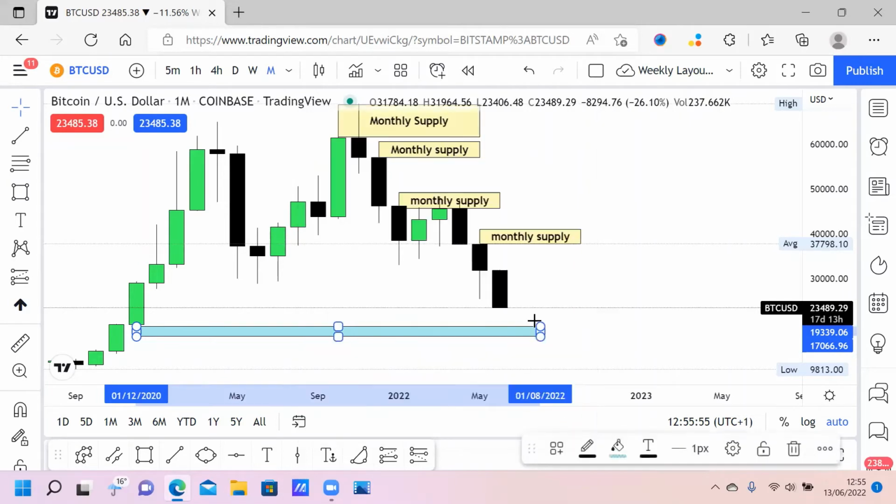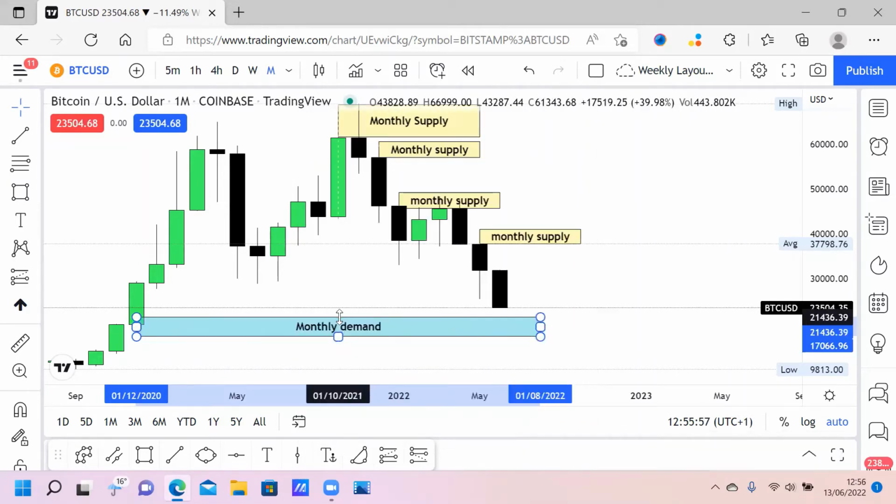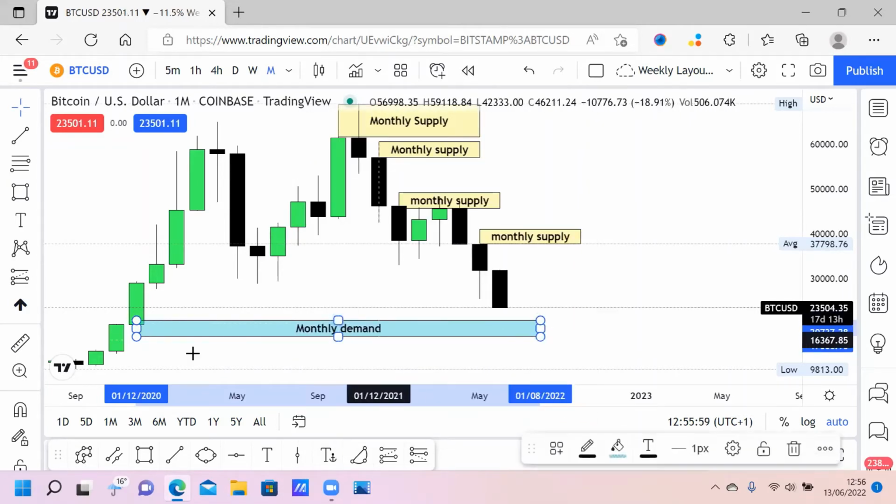In the monthly demand, what we're trying to say is that price did not go below here, and from there a bullish run started. As it went further up, it came back down, made another demand zone, got back up, and made a supply zone. So the price turned in this particular area.